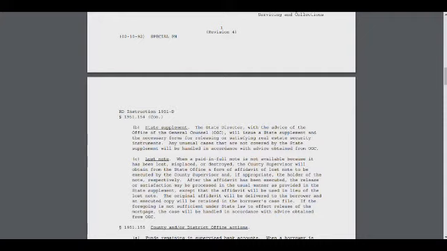The original affidavit will be delivered to the borrower, and an executed copy will be retained in the borrower's case file. If the foregoing is not sufficient under state law to effect release of the mortgage, the case will be handled in accordance with advice obtained from OGC.